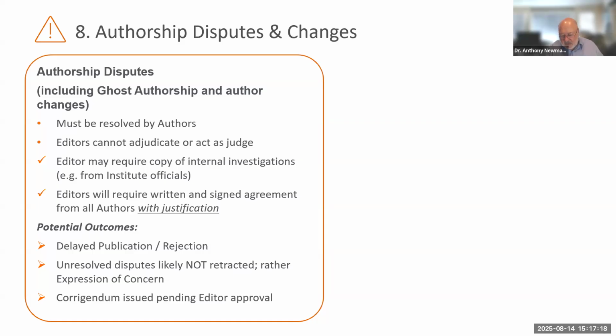They're not people who ghostwrote or anything, because there are certain demands for how you are an author and how you're not an author, and there are various workshops and lectures where you can find this out. But if there are problems with authorship, editors are not acting as judges or jury or executioners. It actually has to be at the author level.